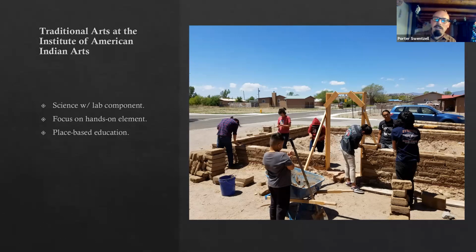And also to build using materials that are culturally relevant to the area that the Institute is located in, right? So this is unique to the high deserts of the Southwest, to Pueblo country, but it's something to think about in terms of how we teach architecture, how we think about placing our education.